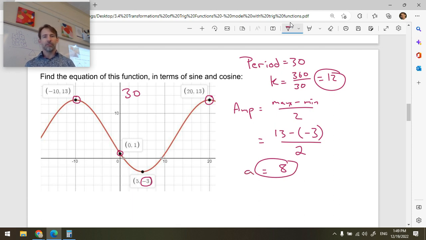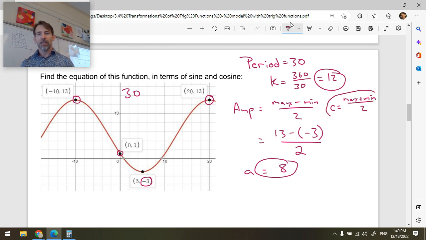Now let's go ahead and find C. So how do you want to find C? With a formula or just looking at it? Formula. Good. So you would find the average of the maximum and minimum. So maximum plus minimum divided by 2. So C equals max plus min divided by 2.